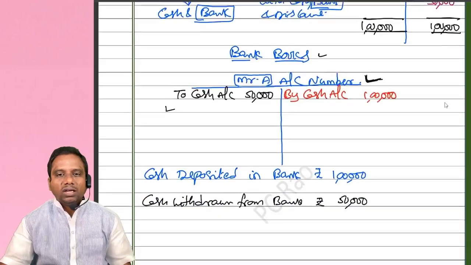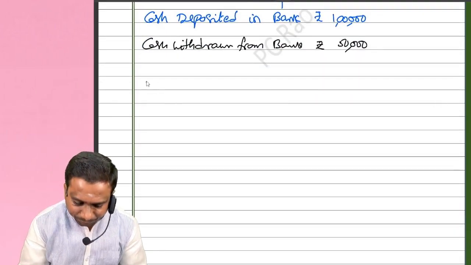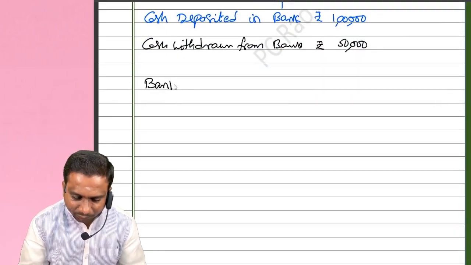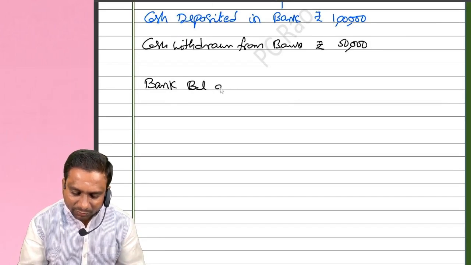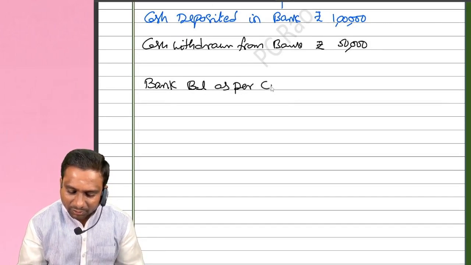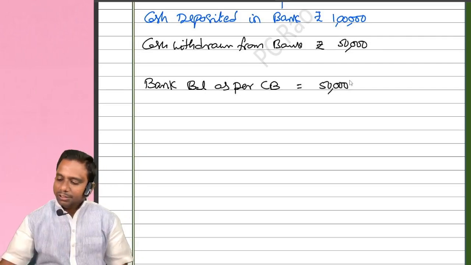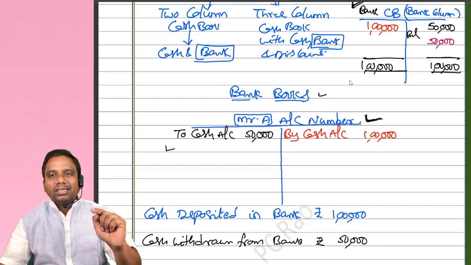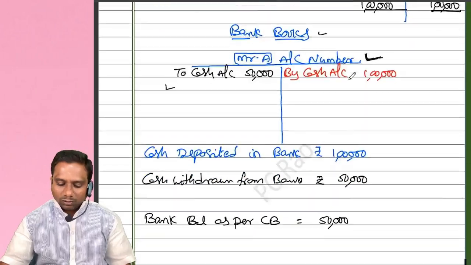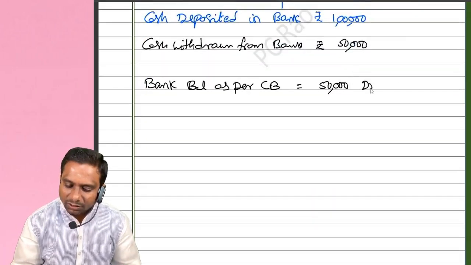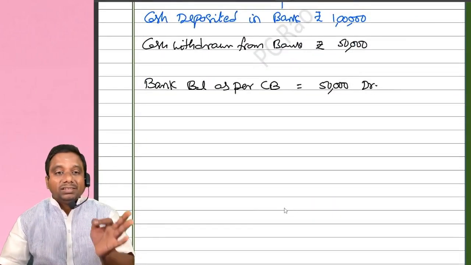Okay, this is the cash book balance. Tell me, bank balance as per cash book, how much? 50,000. Is it debit balance or credit balance? Debit side more or credit side more? Sir, debit side more. Means debit balance.